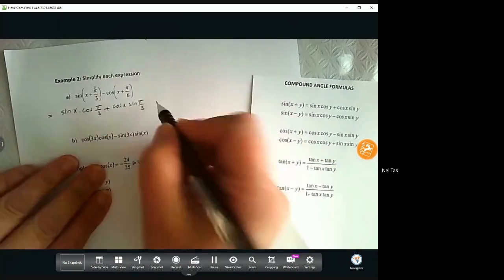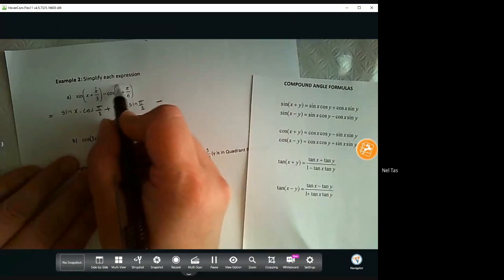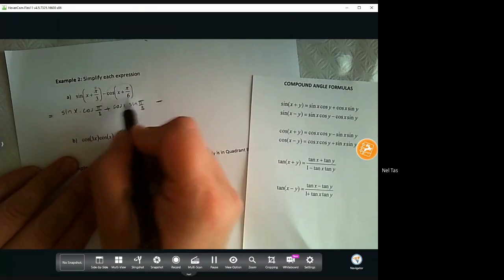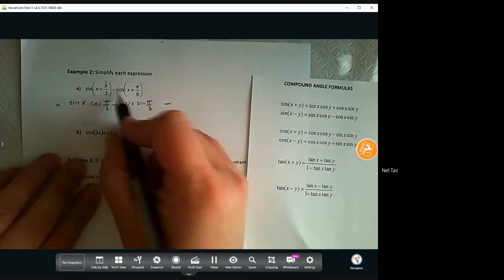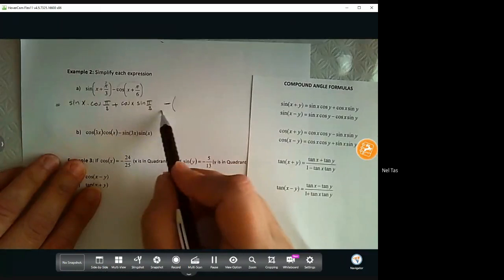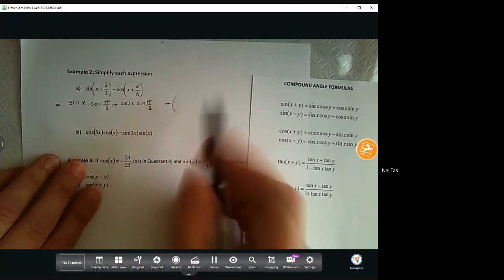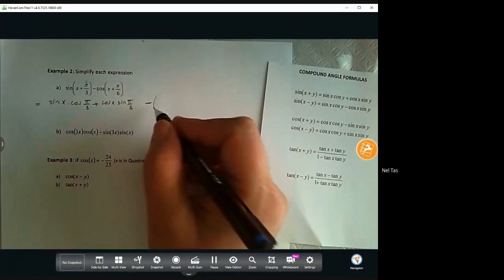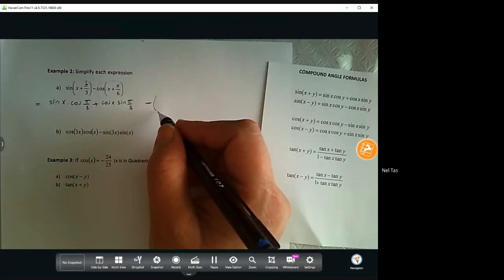Now we are going to write it for cosine here, cosine of x plus pi over 6. There's a negative sign, so we have to open a bracket here because we will have to distribute this negative sign inside later on. Okay, so make sure you have the bracket.